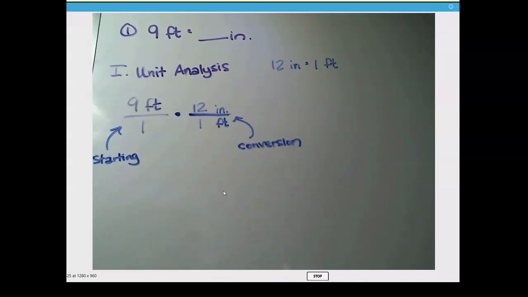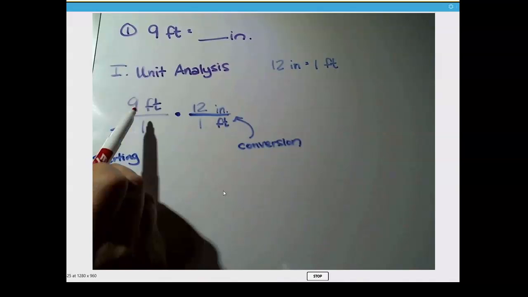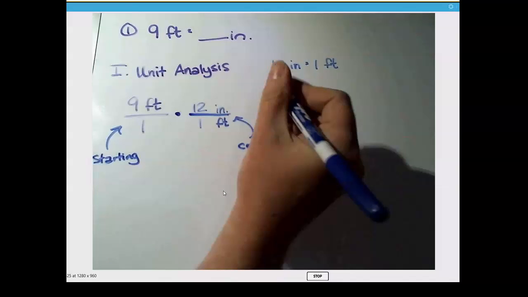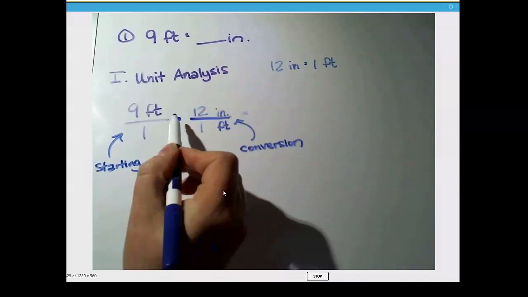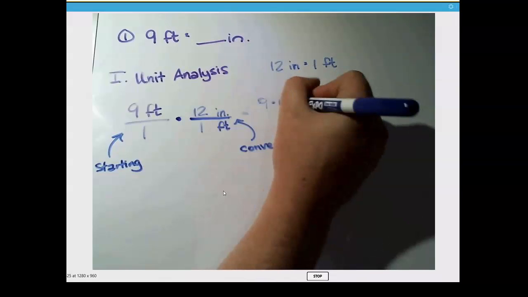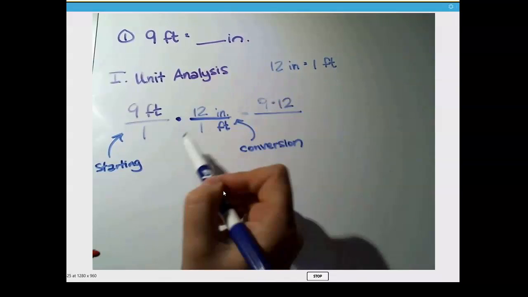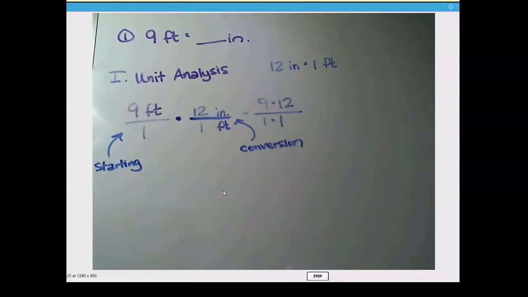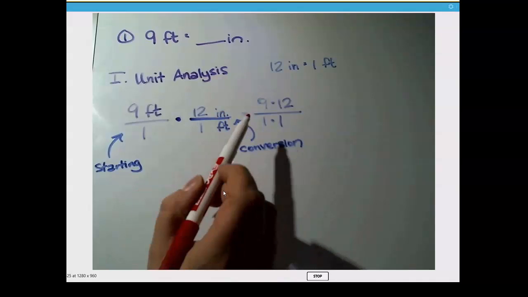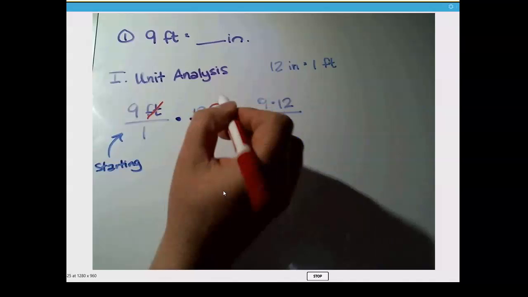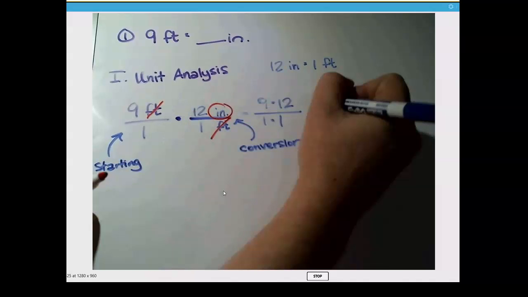Now, when you multiply fractions, you're supposed to go straight across. So it's going to be 9 times 12 over 1 times 1. Taking something straight across is what cancels the feet, and the only thing that's left that didn't cancel out is now the inch.